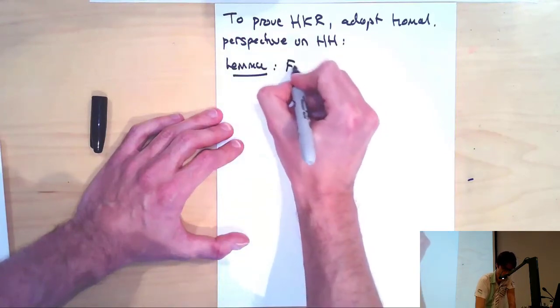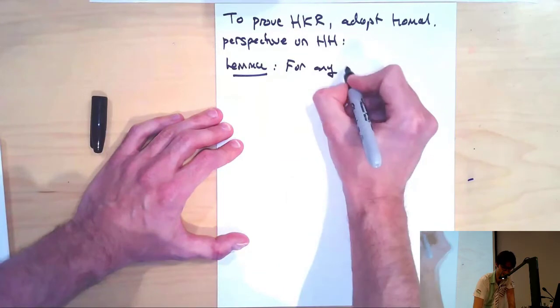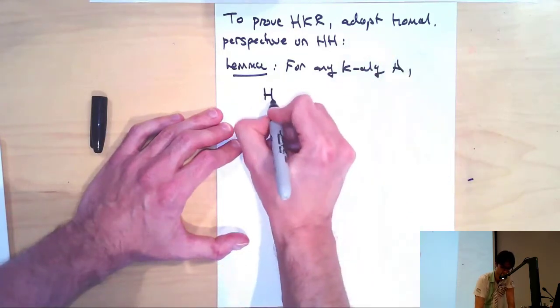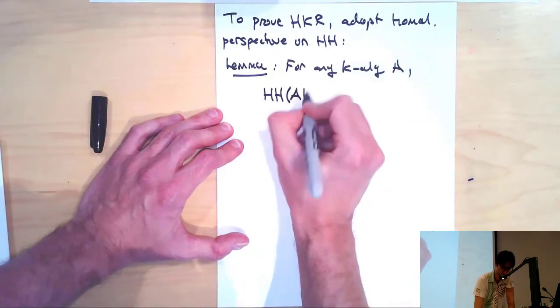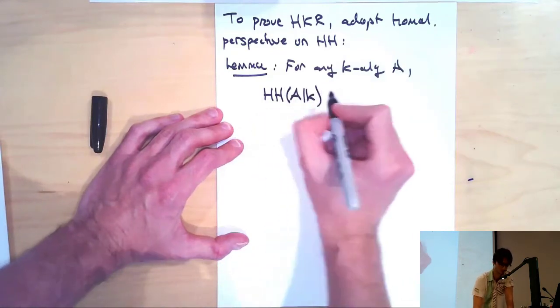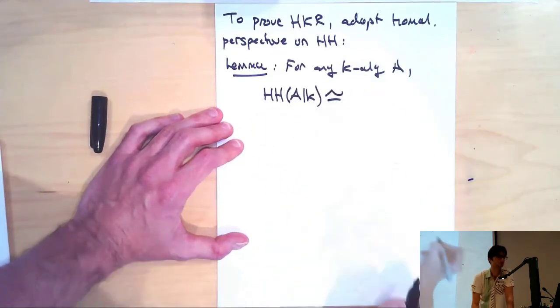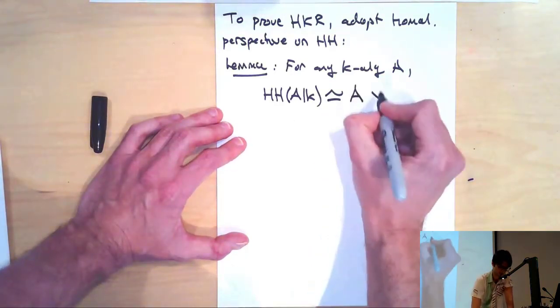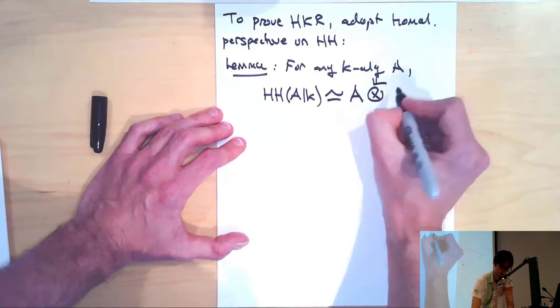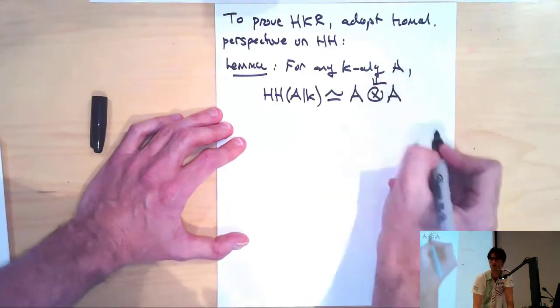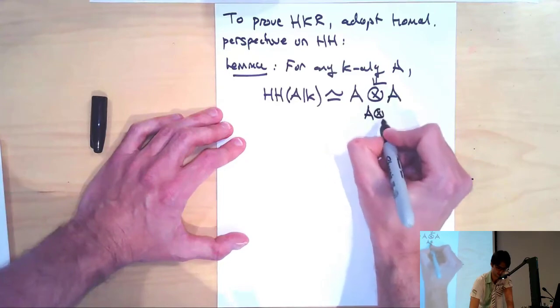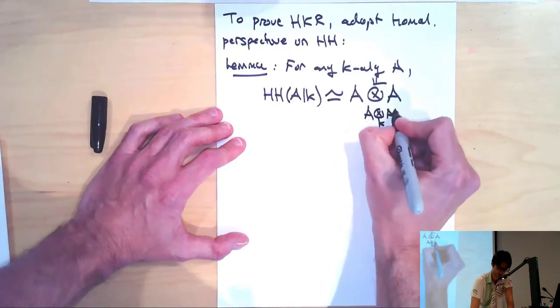So for any, in fact, back to the case of any K algebra A, I've got this complex that I wrote down totally explicitly, but it turns out you can think of it up to quasi-isomorphism as representing the derived tensor product of A with itself over A tensor_K A^op.